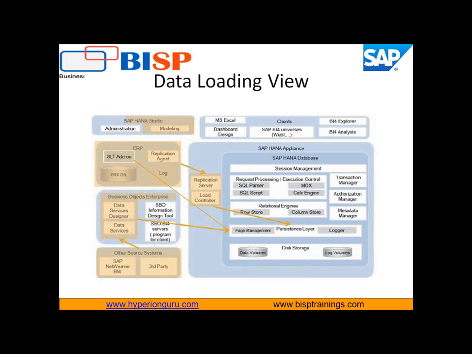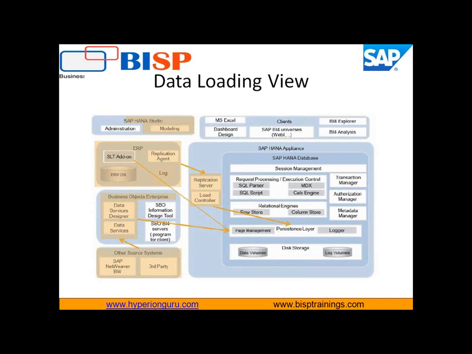The areas it is going to touch are views, calculation views, and all the content that belongs to modeling. And ERP agents: since it's real-time replication, it will hit the replication servers. If it is non-SAP, we have BODS, so it will hit the BODS layer. If it is an SAP system, we can have an LT replication server invoked. And for other SAP sources, we can also have BODS as a replication server.